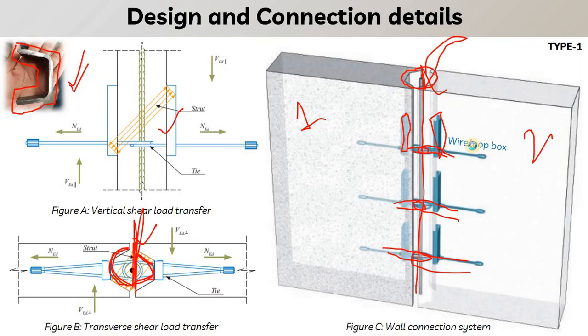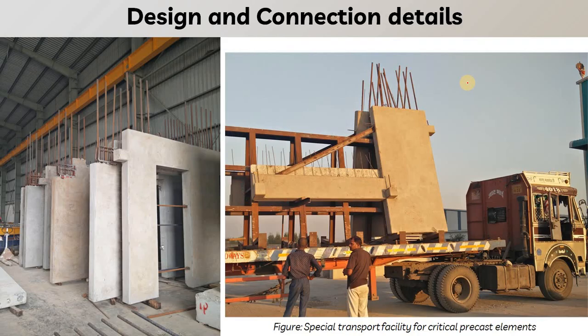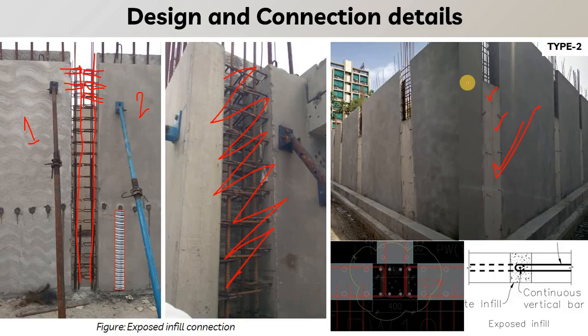Connections above ground level can be used where we need to connect two panels easily without any additional formwork, or for good aesthetic views. So this is the infill type of concrete joint that we have seen.